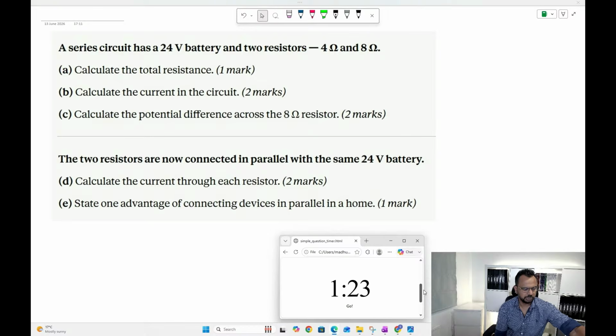And send me the answers when you have it, guys. Yeah. Part A, B, C, D, E. There are 5 parts. Send me the answer when you have it. Just over a minute left, guys, now.